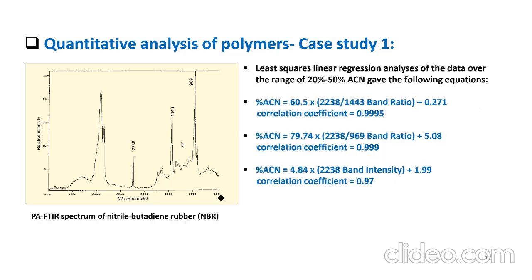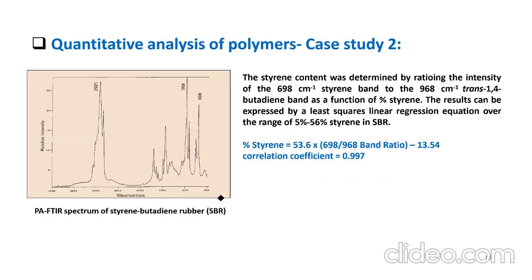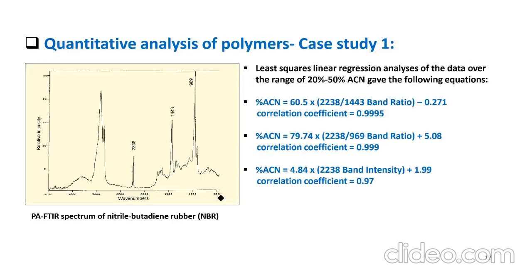So if you see here, we are doping 20 to 50% of ACM. So with doping, how it is happening, like which functional group is increasing, that we can check. So this is the quantitative analysis of the polymer.